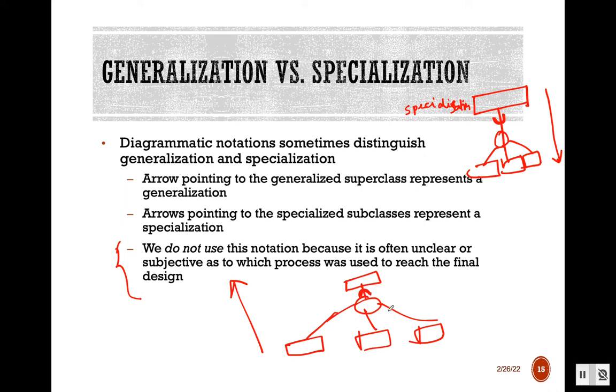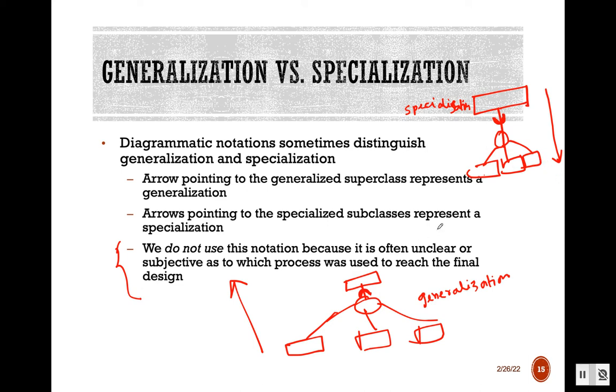So if the arrow points to the superclass, that means it's a generalization. But if the arrows point to the specialized subclasses, that represents the specialization.